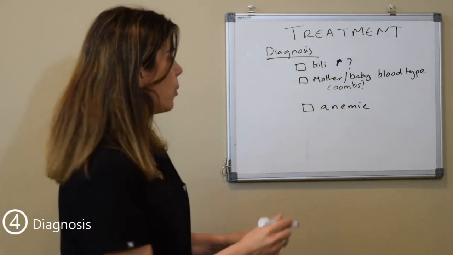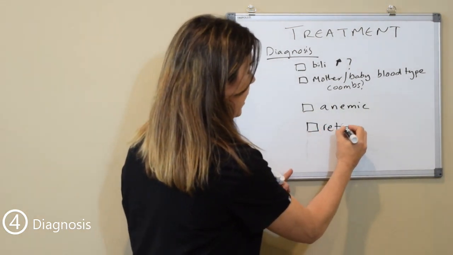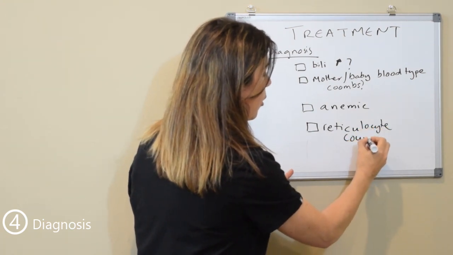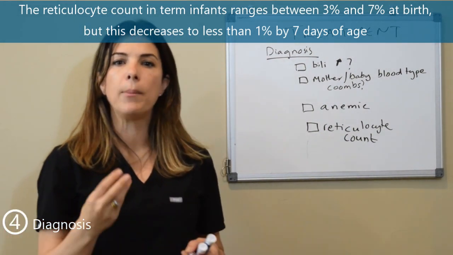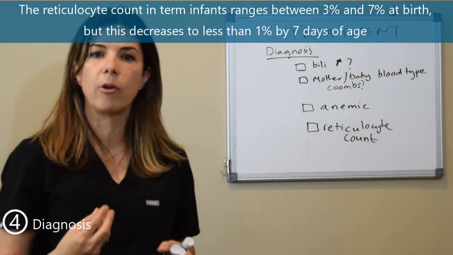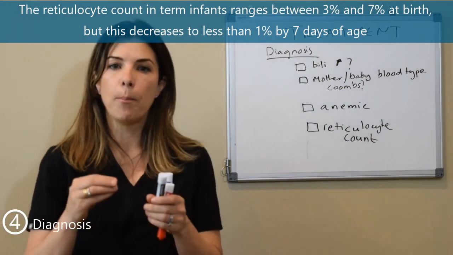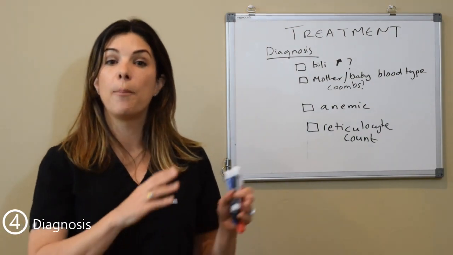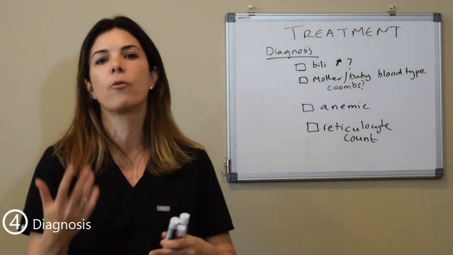The other number that we can check, which is super helpful, is the reticulocyte count. The reticulocyte count is checking to see how many immature red blood cells are in the circulation. And the reticulocyte count goes up when the bone marrow very appropriately realizes that the baby is becoming anemic and needs to ramp up its formation of red blood cells.